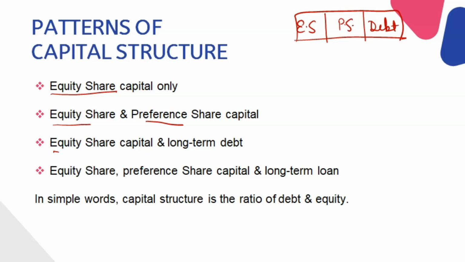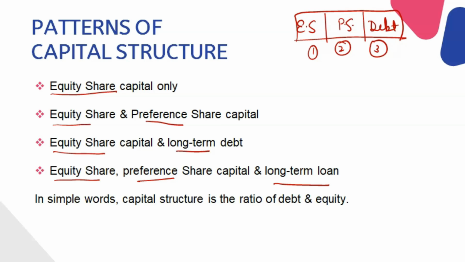Or we can include equity shares and debts. Or we can include all three: equity, preference and debts. Long-term debts and long-term loans are the same thing. So either we can take all three, or we can go for either of these two.